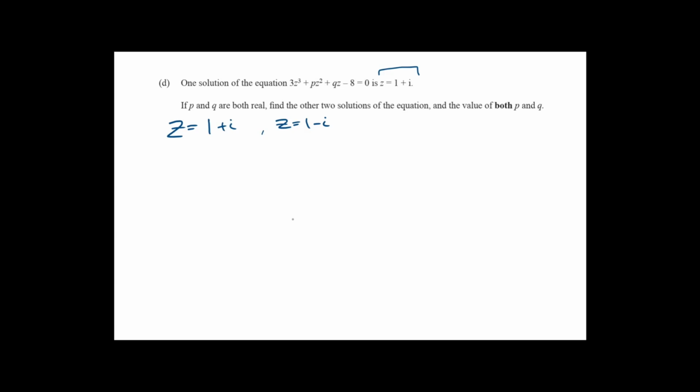Now, we also know from the previous example that a quadratic, z squared minus the sum of the solutions z plus the product of the 2 solutions, must also be a factor.